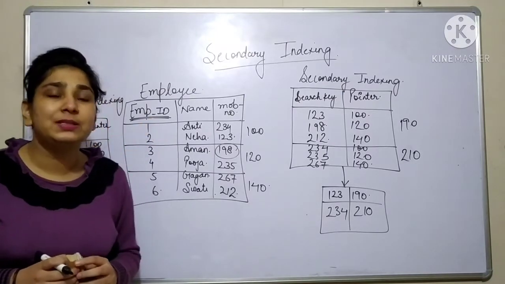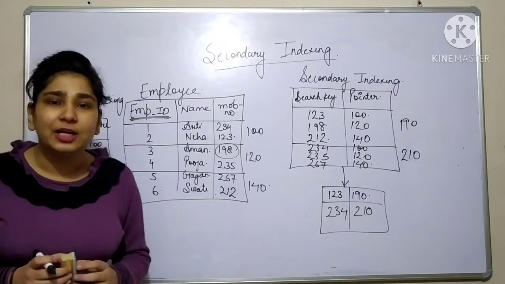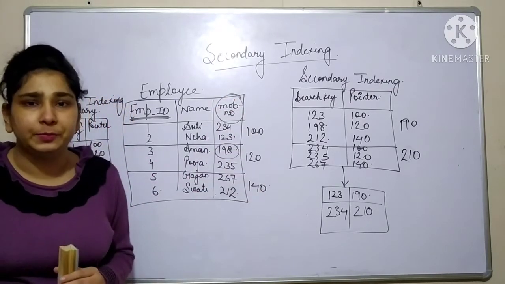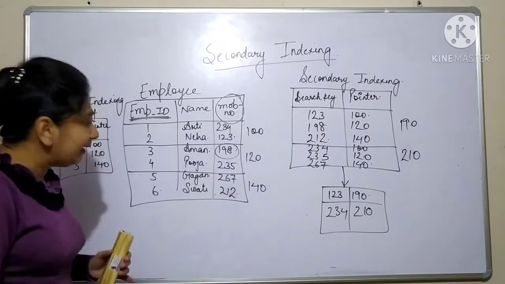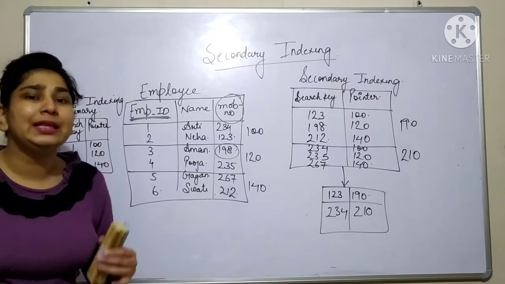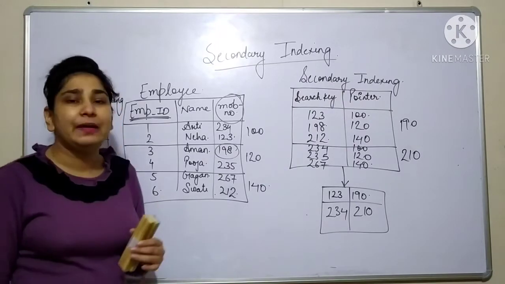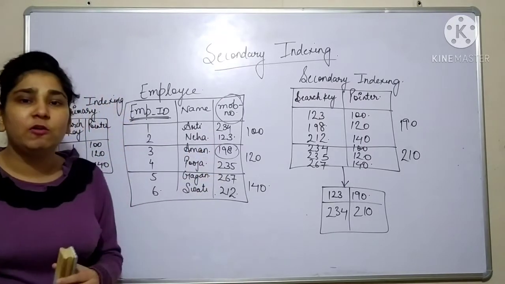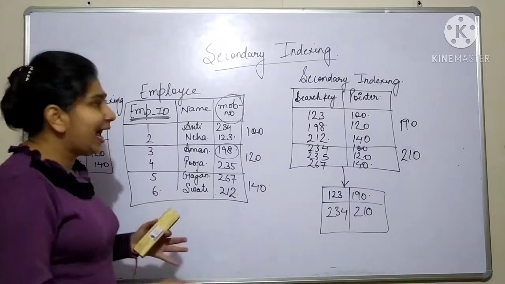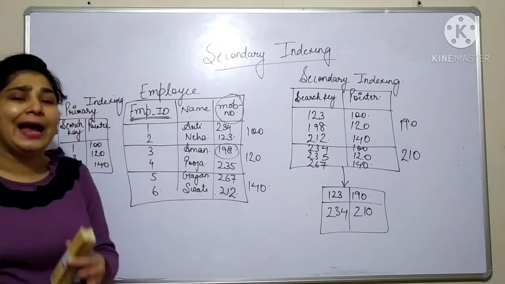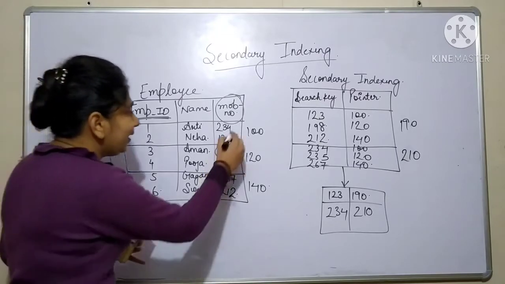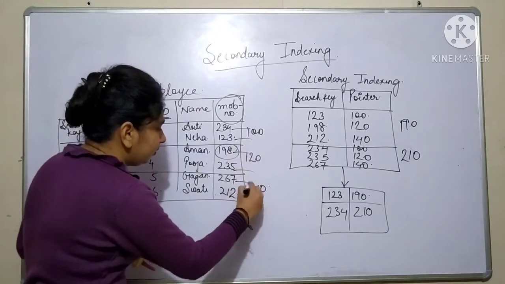But if the user says that I want to search the employee on the basis of mobile number, then what do you have to do in that case? If we have to search any employee detail on the basis of mobile number, we have to match the mobile number which the user is giving to you with each and every tuple.